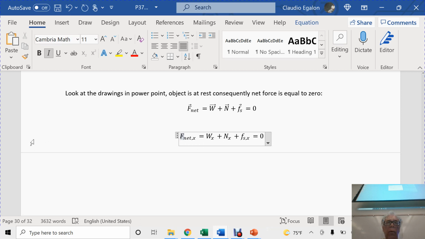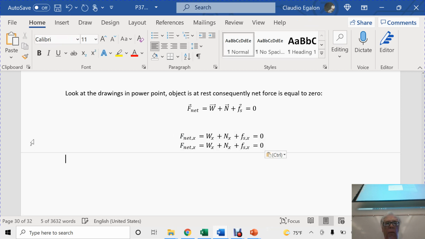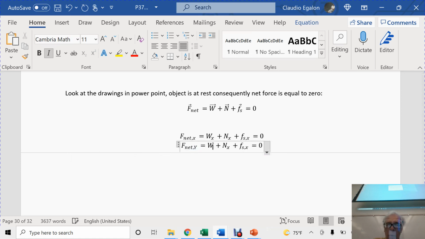Okay, and then I'll do the same for the y. Net force in the y direction. Y component, lowercase y component, and y component.